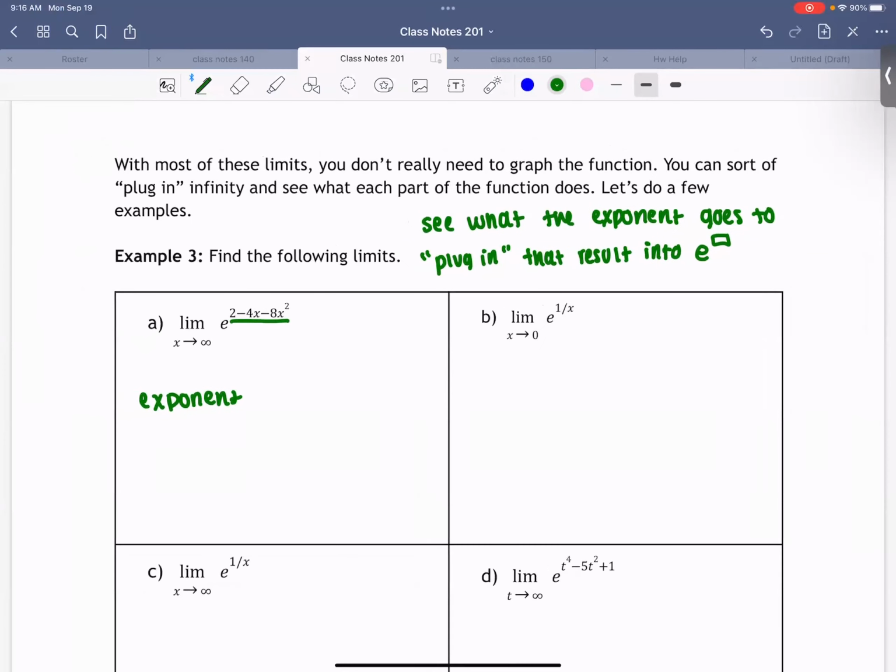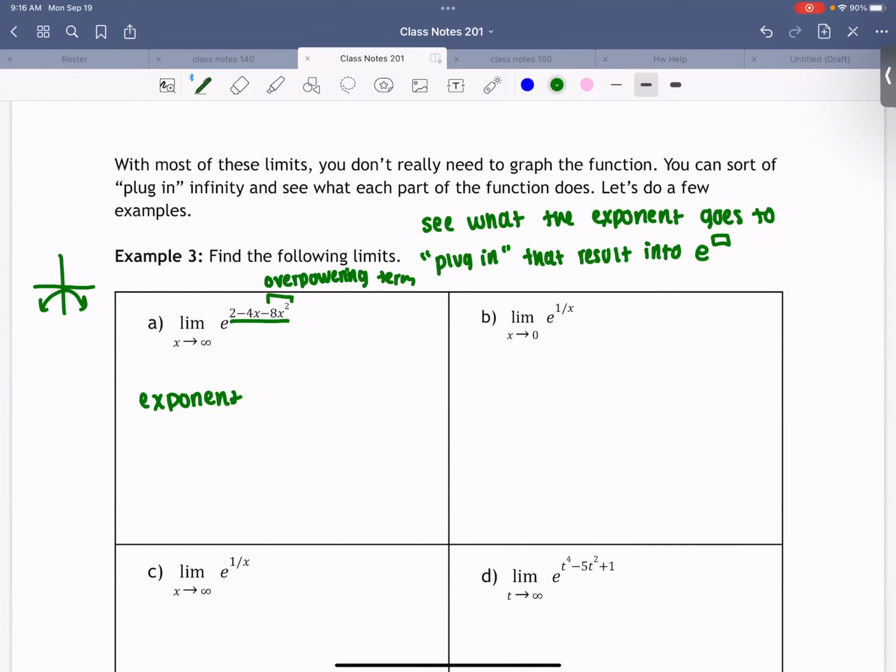Okay, well, we have a negative quadratic here, right? We have minus 8x squared. That's kind of my overpowering term, right? I know quadratics look like a parabola, but when there's a minus in front of it, the parabolas go down, right? So that's essentially what my exponent looks like.